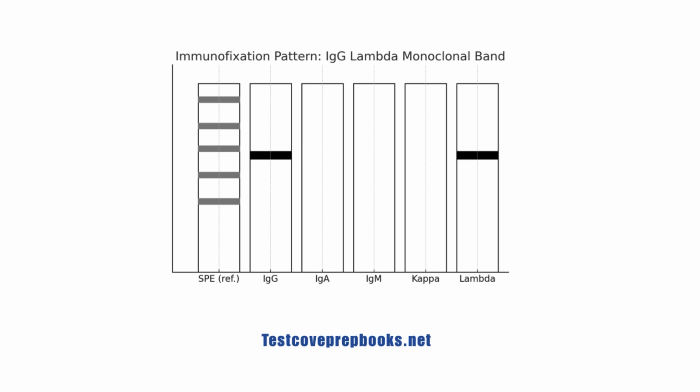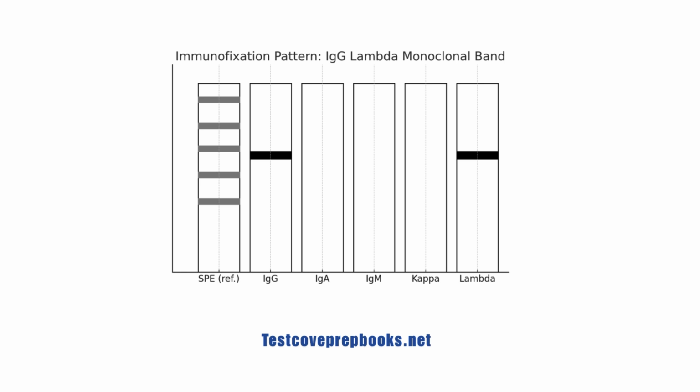On the far left, you see the serum protein electrophoresis reference lane. It contains multiple broad bands, representing the normal distribution of serum proteins such as albumin, alpha-1, alpha-2, beta, and gamma globulins. Next, the individual lanes correspond to IgG, IgA, IgM, kappa, and lambda light chains.